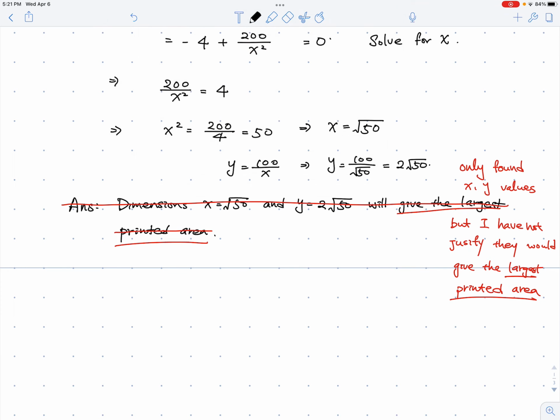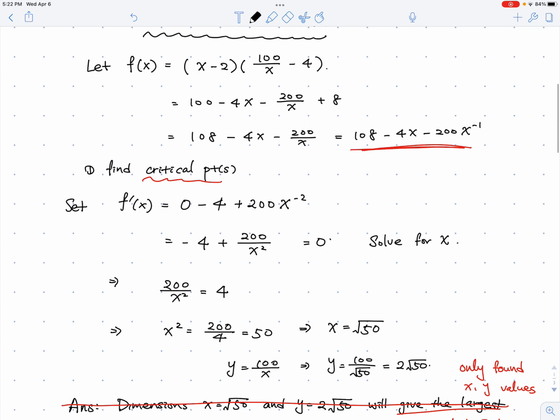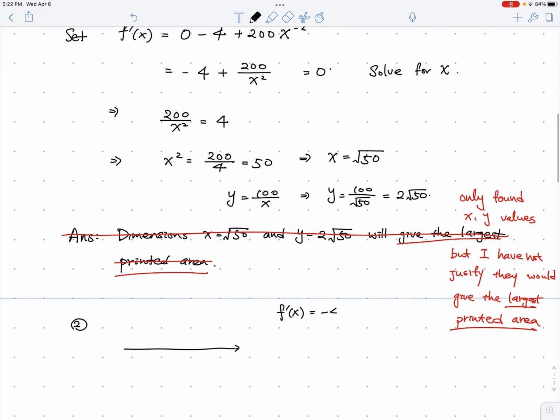So there we need to do monotonicity, this so-called first derivative test. All right, so let me just copy what we have for f prime. F prime is negative 4 plus 200 over x squared.